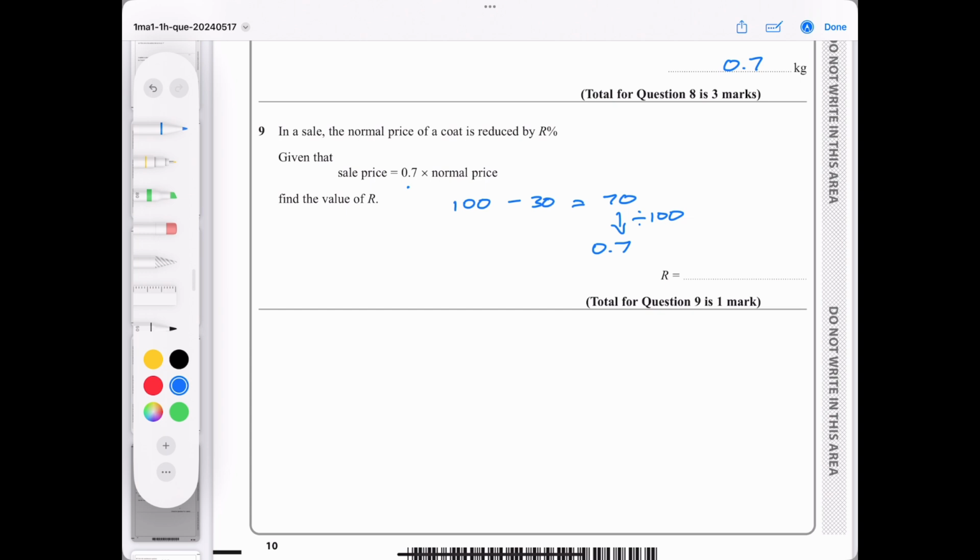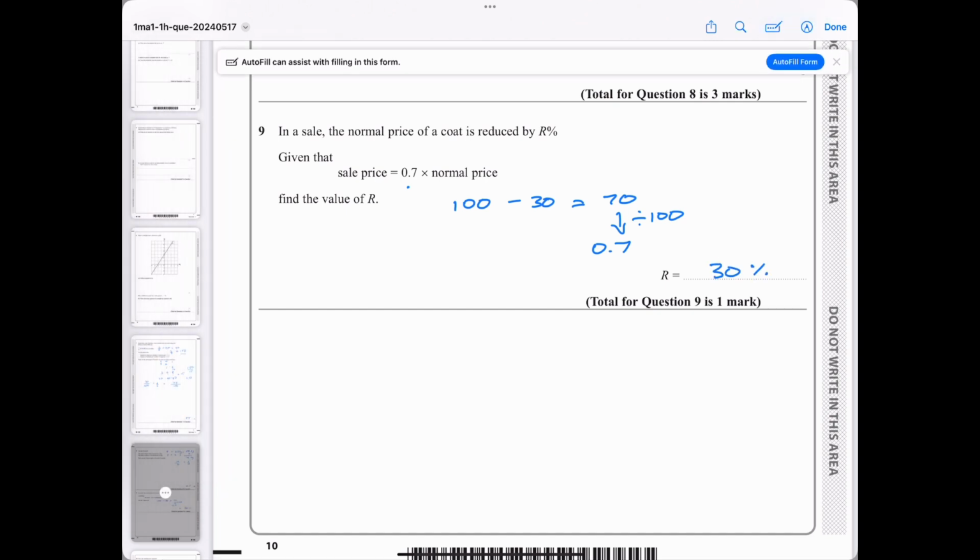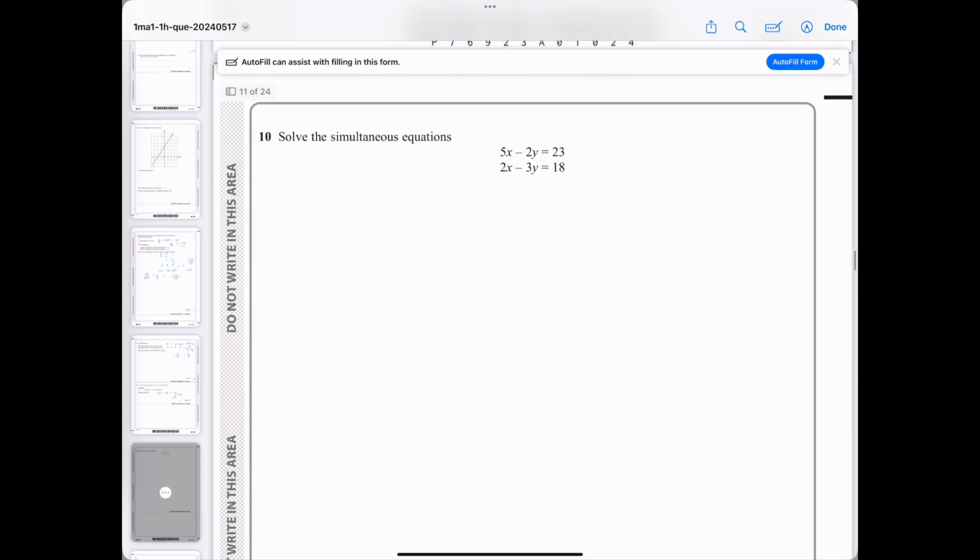So that means 0.7 times the normal price would give you 70, so R is a 30% reduction. I don't know if I actually did that properly because it just seemed really obvious, and sometimes that's quite dangerous in maths.